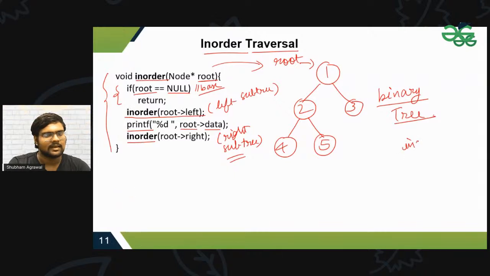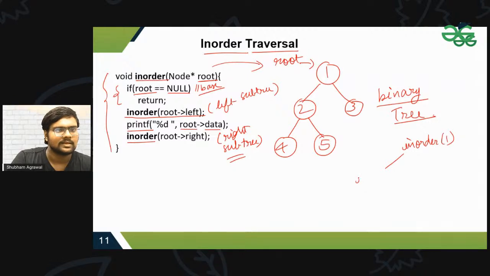Now from inorder of 1 we go to root's left, which is inorder of 2. Again root is not equal to null, so we go to inorder of left, which is inorder of 4, because left of 2 is 4.